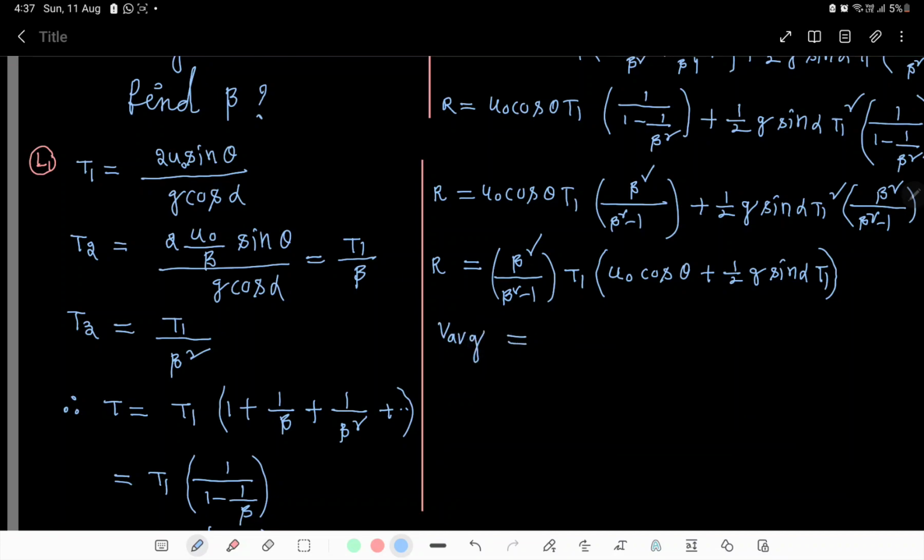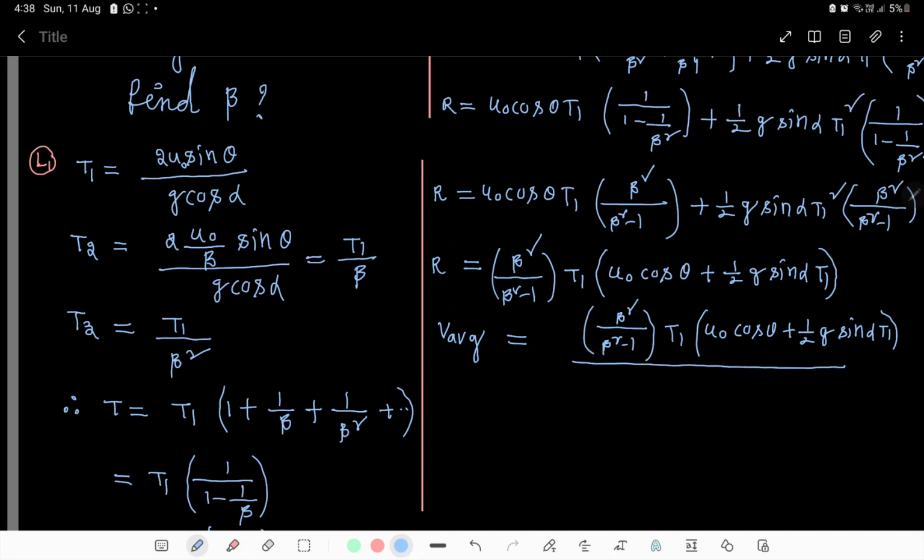Therefore V average is equal to beta square by beta square minus 1 into t1 into u0 cos theta plus half into g sin alpha into t1, divided by total time.